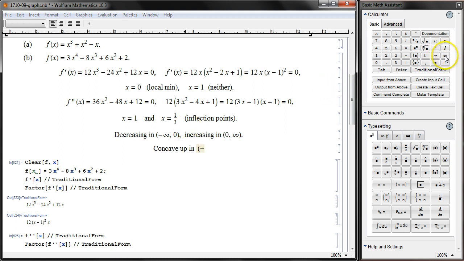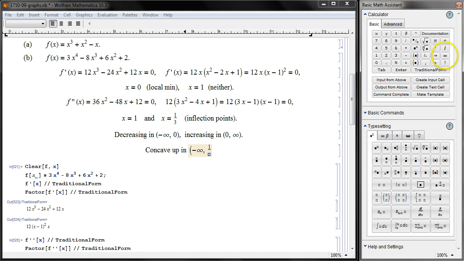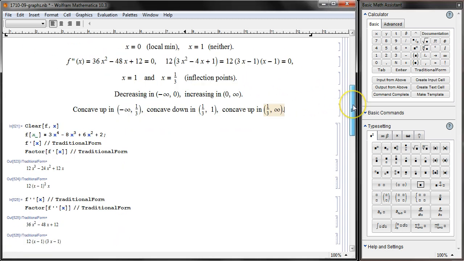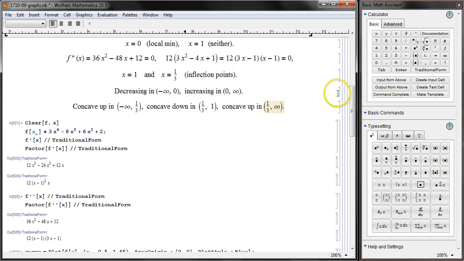Concave up in negative infinity to 1/3. Concave down in 1/3 to 1. Concave up again in 1 to infinity. Well, let me minimize all this.